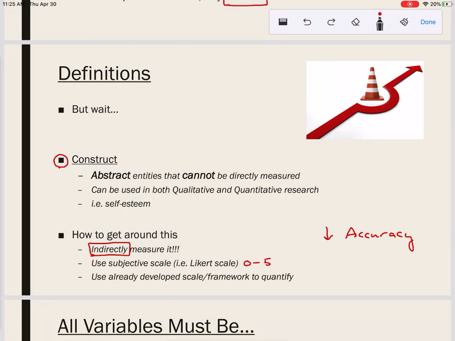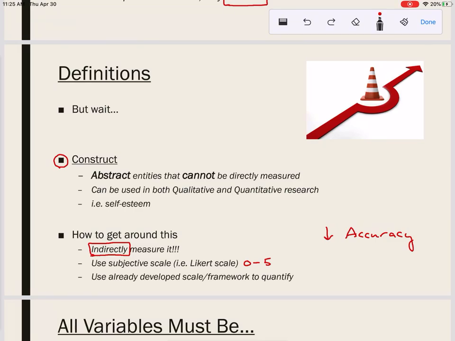We may indirectly measure something through a subjective scale. So a Likert scale is a good old-fashioned 0 to 5, 0 meaning very low, 5 meaning very high, for example. So we could ask people questions. How would you rate your self-esteem? And 0 meaning very low, 5 meaning very high, and they could assign a number in between.